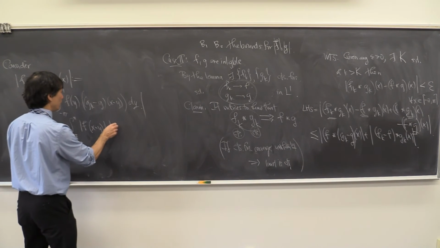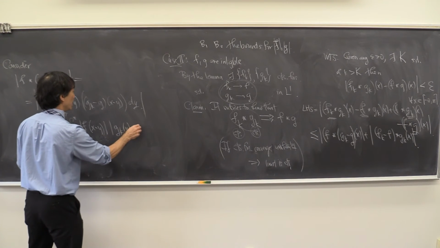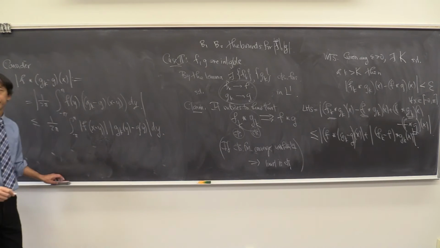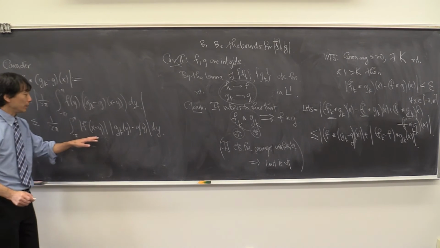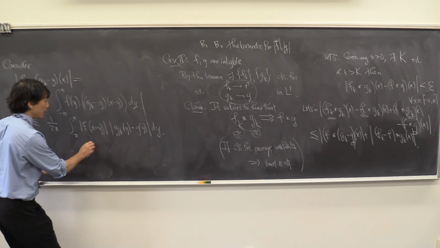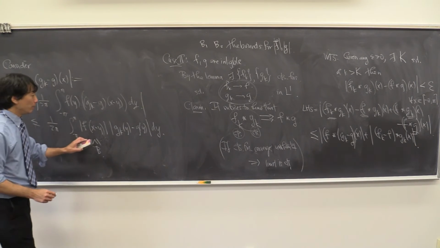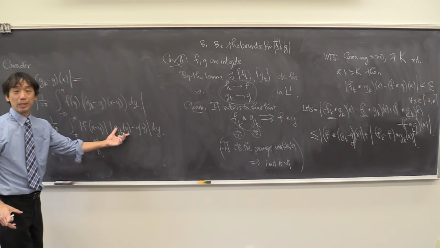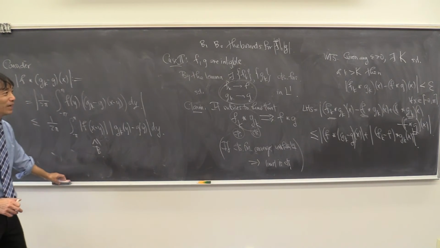I'm going to write it as gk of y minus g of y, dy. I could have written that way from the beginning, I guess. Now this thing is smaller than b, right? So we get b times the L1 difference between these two things, but that goes to 0. The end.